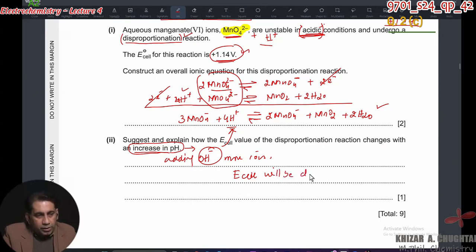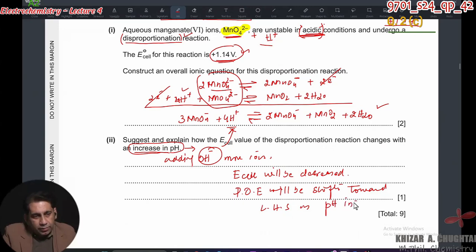It will be lower, and you will write the complete words: the position of equilibrium will be shifted towards the left hand side as pH increases, and so on.